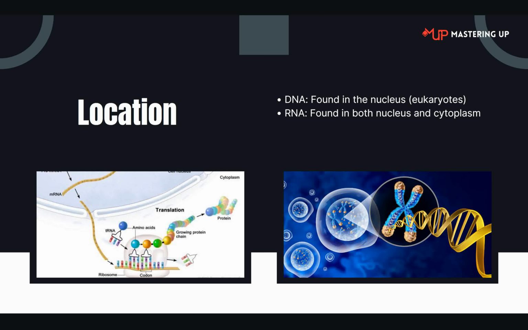It is synthesized in the nucleus but then moves out into the cytoplasm where it carries out its functions. But in prokaryotes, which lack a nucleus, both DNA and RNA are found in the cytoplasm, but their roles remain distinct.